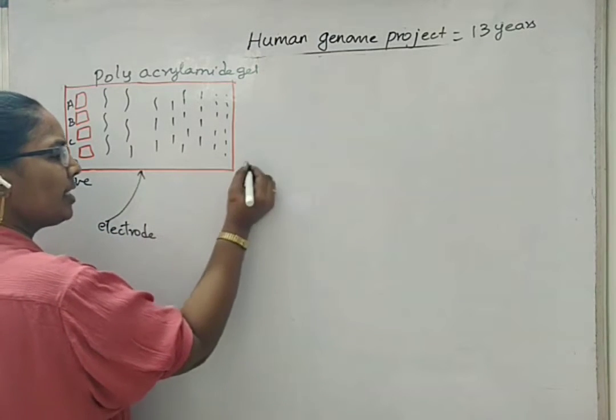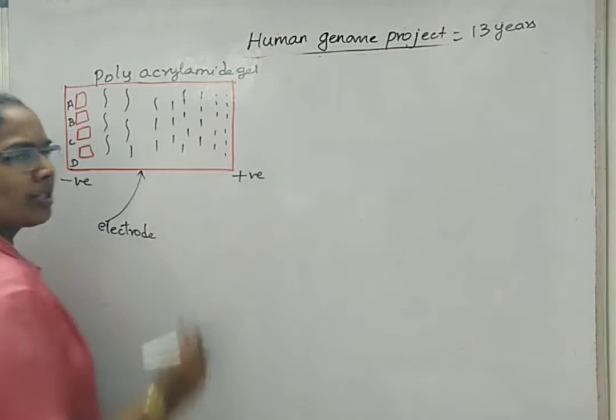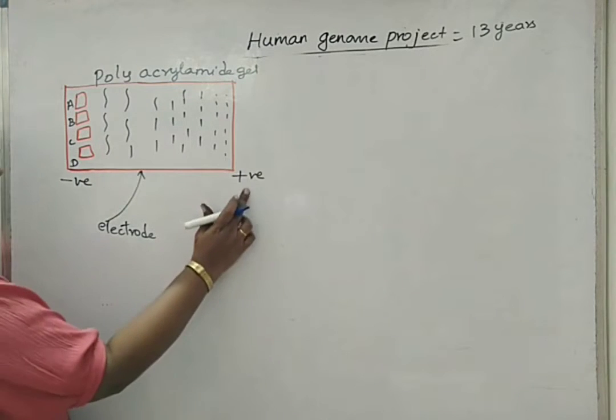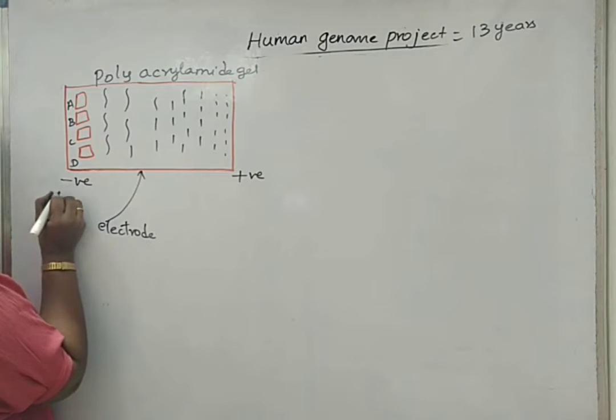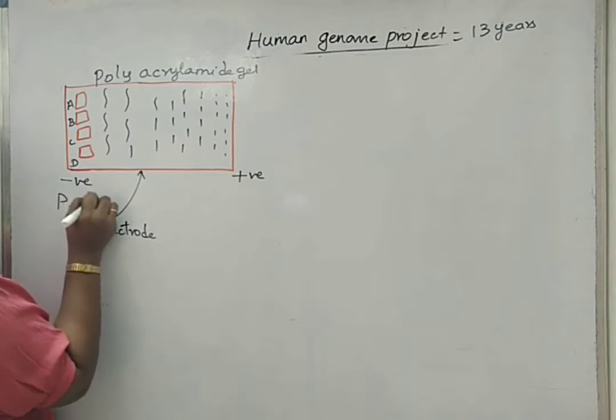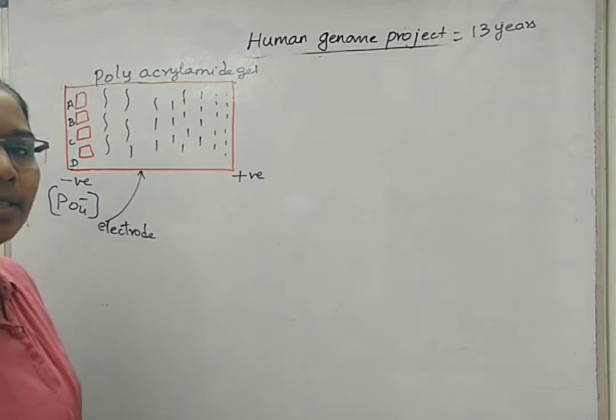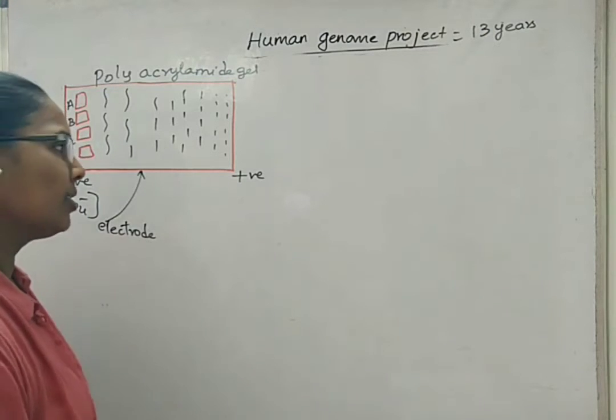The DNA fragments tend to move towards the positive charged area, from negative to positive. DNA is negative because of the phosphate ions.